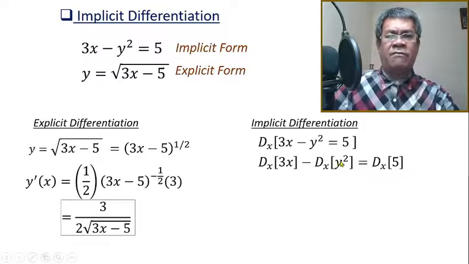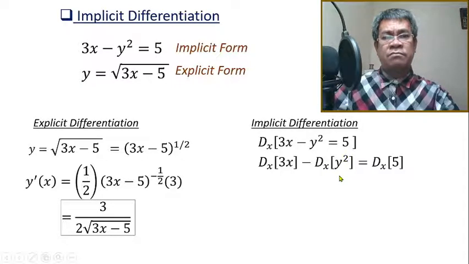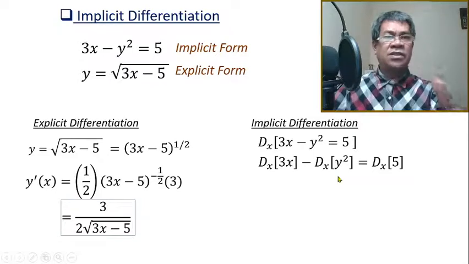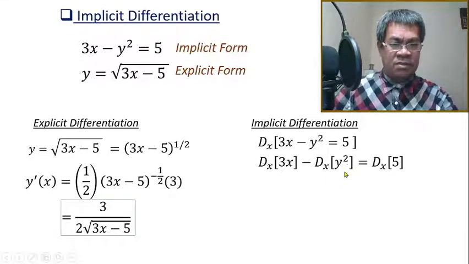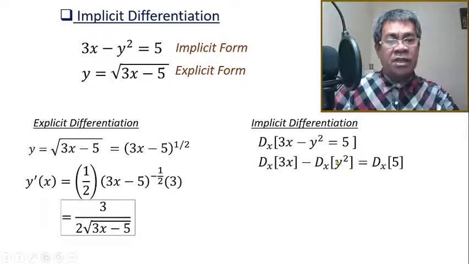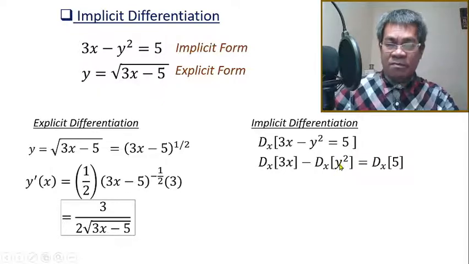It's like a function raised to n. Remember, this is a function of x. So think of the function raised to n in our previous video. Okay? Previous video. So therefore, the derivative of this is 2y multiplied by dy dx, or y prime.